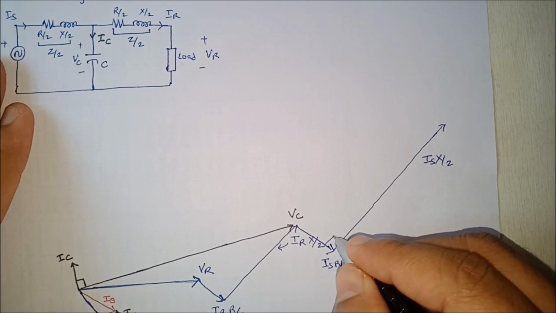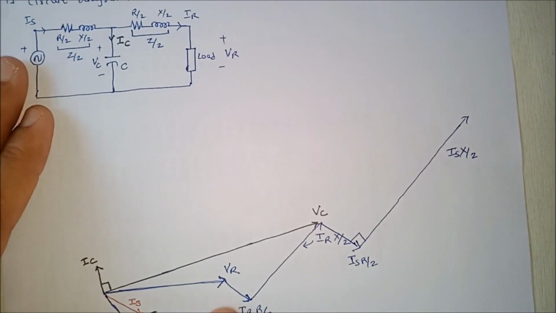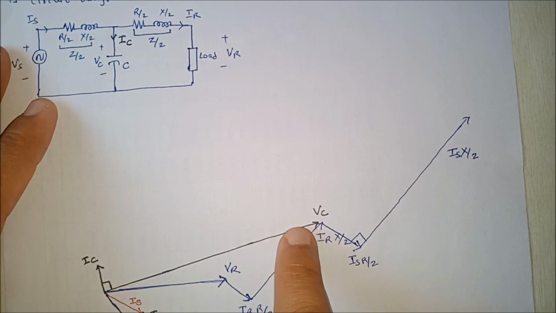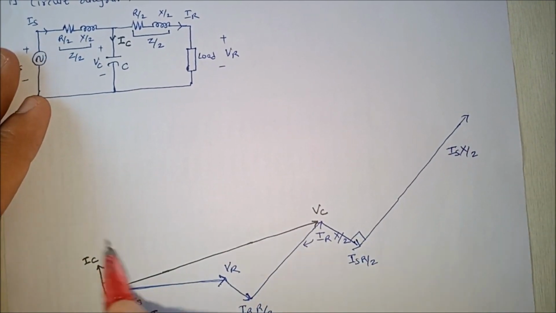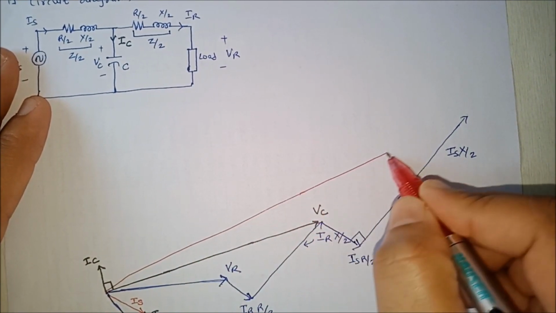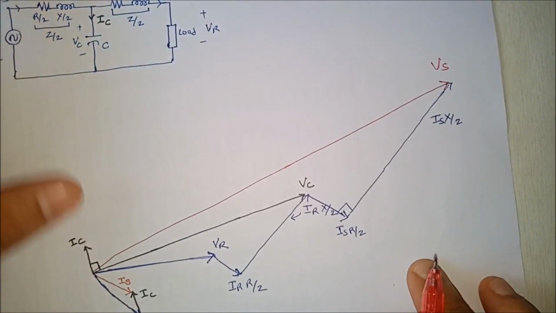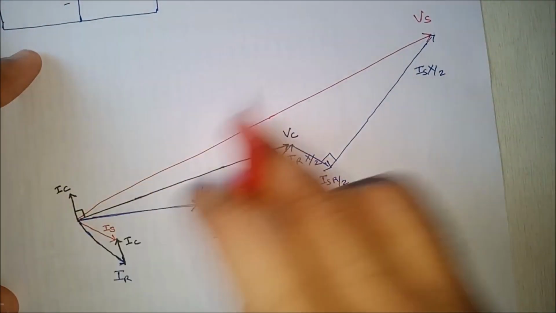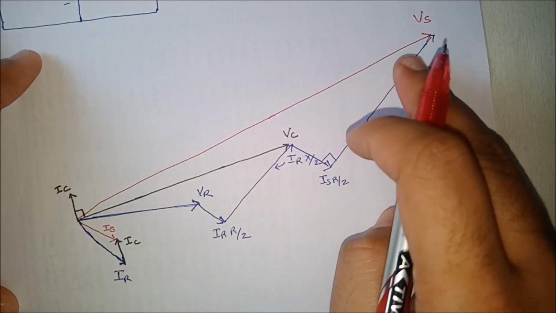How much is this angle? This angle is 90 degrees. Clear? Now we have to add VC, IS into R by 2 and IS into X by 2. If you add that, you will get VS, the resultant VS. So VS is nothing but VC plus IS R by 2 plus IS into X by 2.